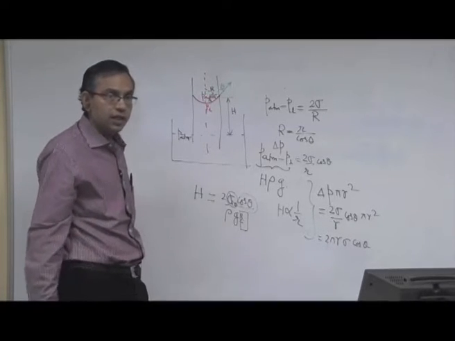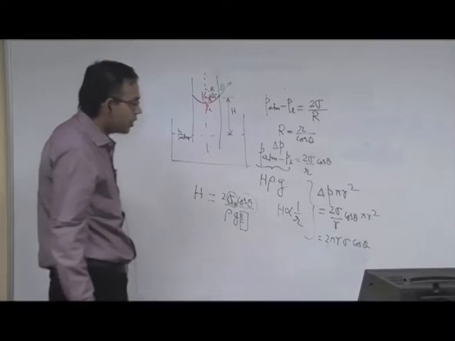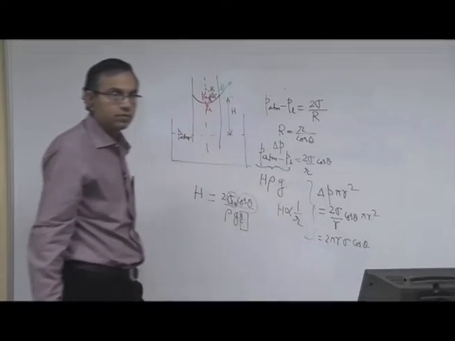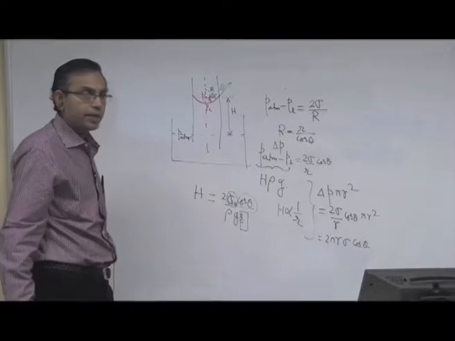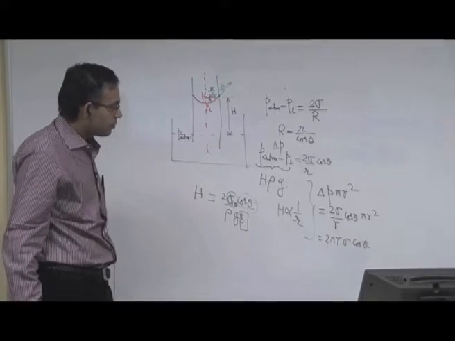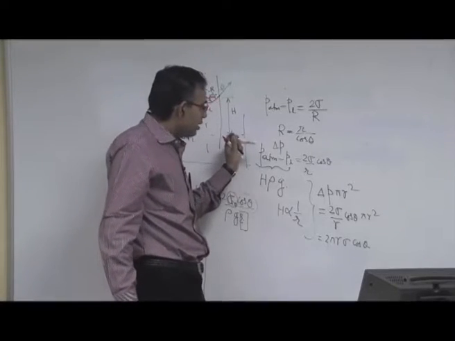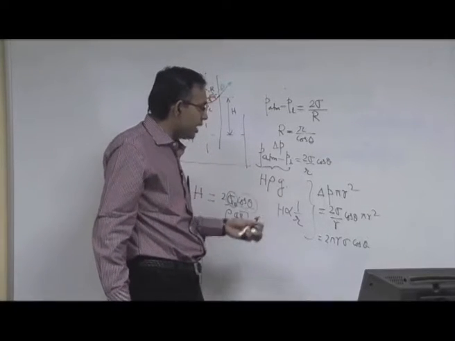Of course, it has to be like that. So, 2 pi r sigma cos theta. So, what is 2 pi? What is the delta P into pi r square?